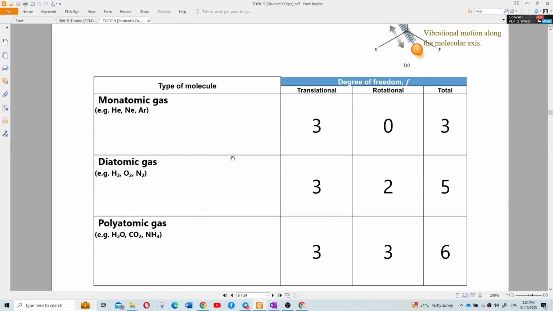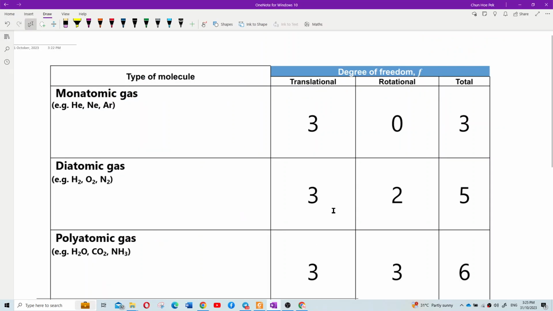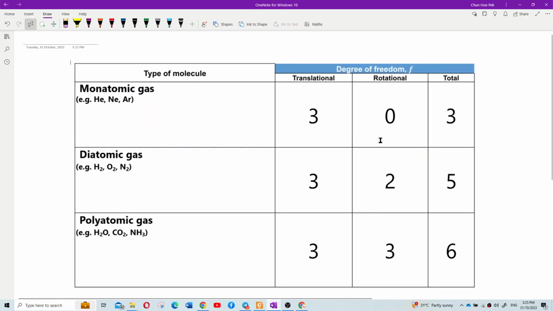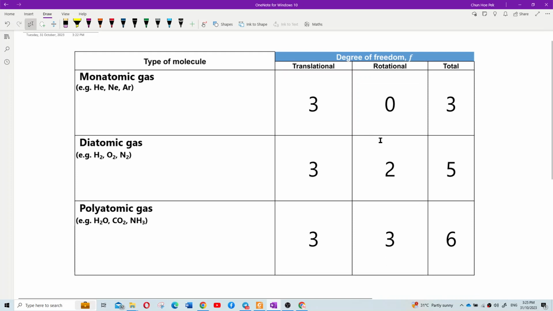Now I want to talk about monoatomic, diatomic, and polyatomic. So what is all this? Why do we want to talk about them? Monoatomic gas, for example helium, neon, argon, are inert gases, which means they only have one atom.